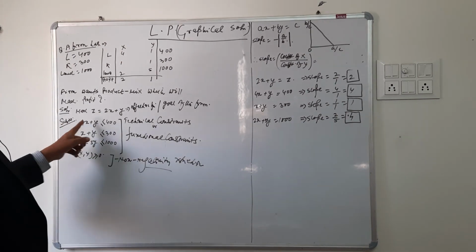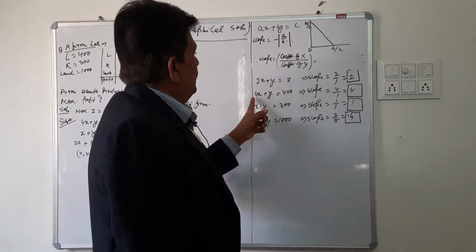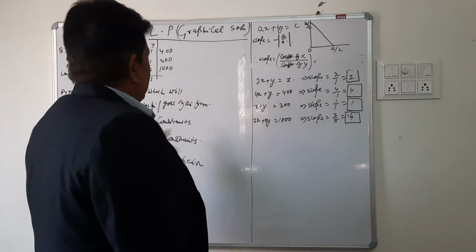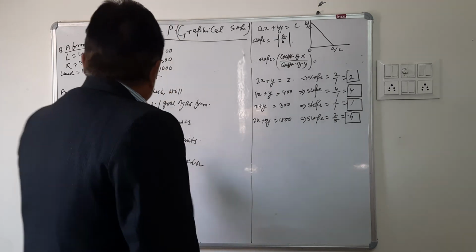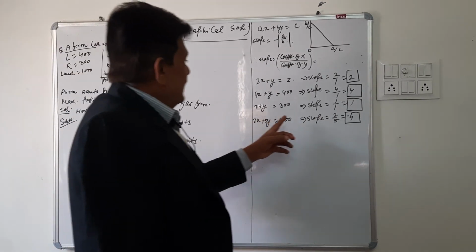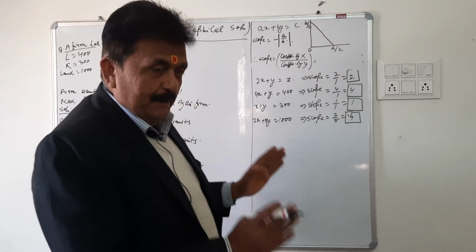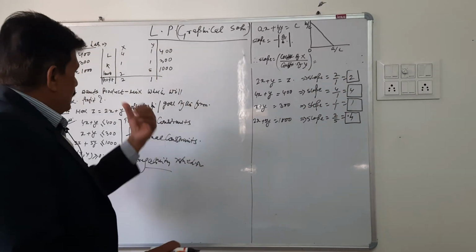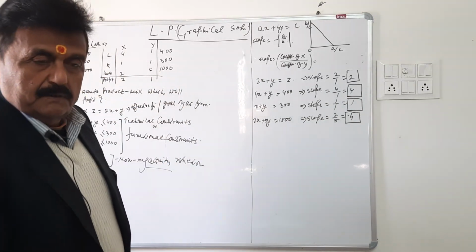Second constraint 4x + y, its slope would be 4 by 1. Third is x + y = 300, its slope would be 1 by 1, that is 1. And the last equation is 2x + 5y = 1000, and its slope would be 2 by 5. These slopes have to be kept in mind, and they will be used when we plot all these lines.